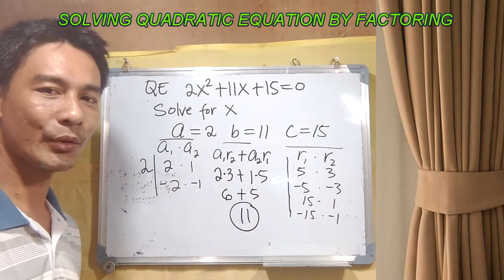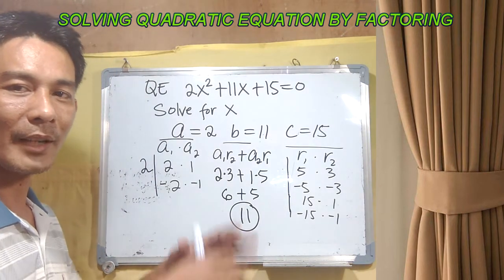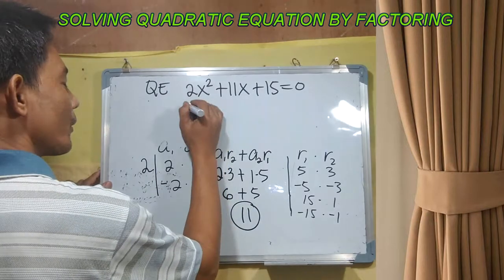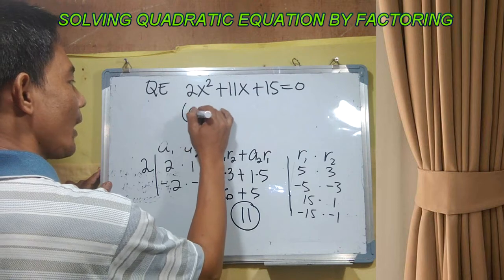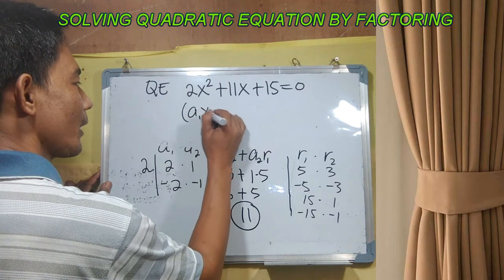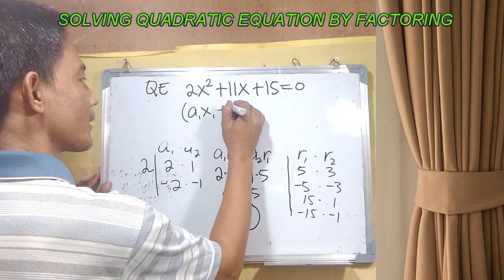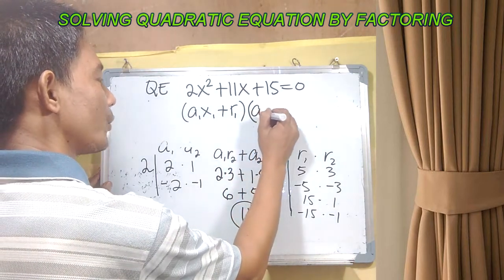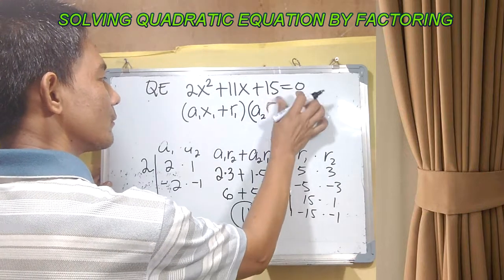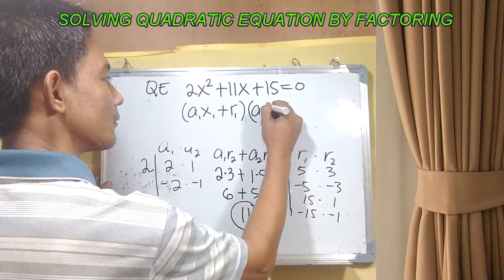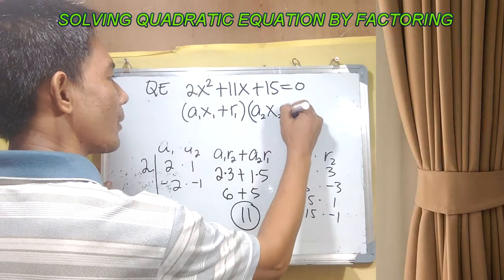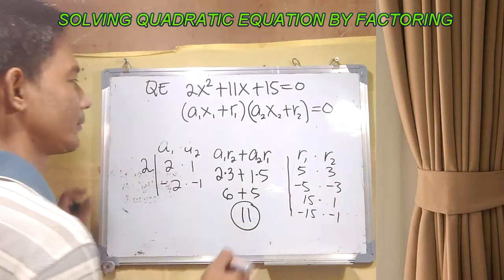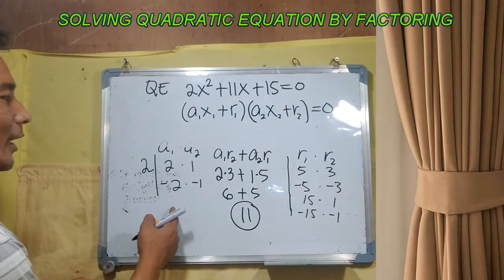So we are going now to express it as a product of two binomials. So this will become (a sub 1 x sub 1 plus r sub 1) times (a sub 2 x sub 2 plus r sub 2) equals 0. Then we substitute.